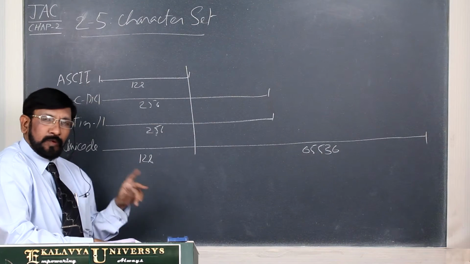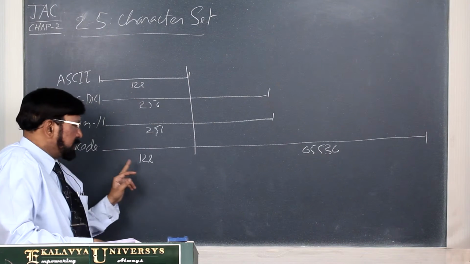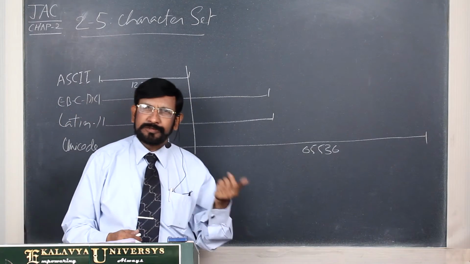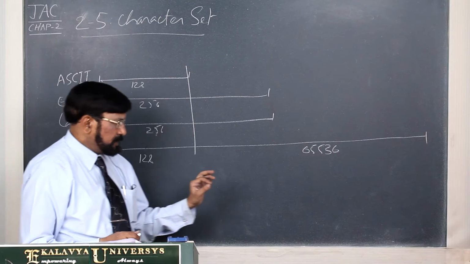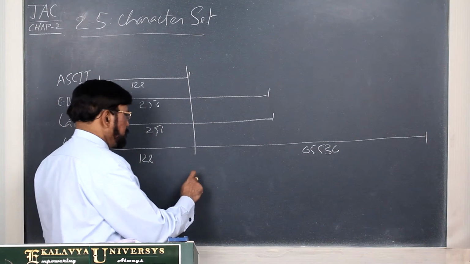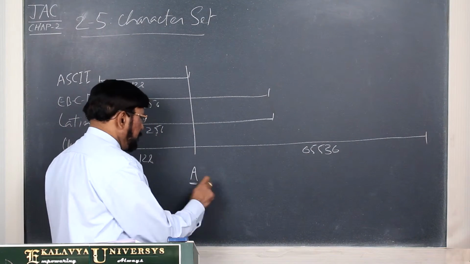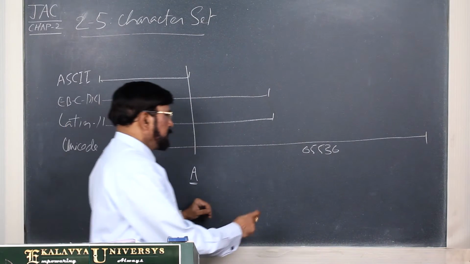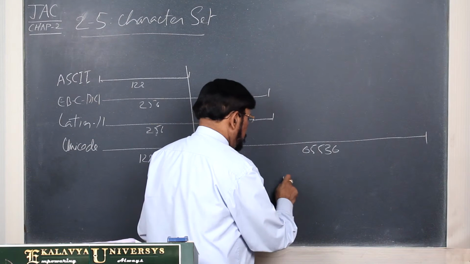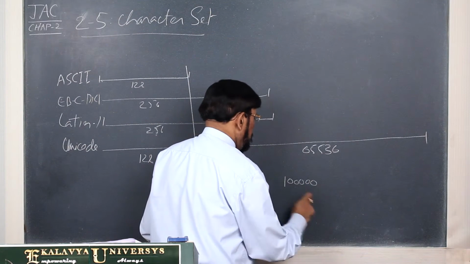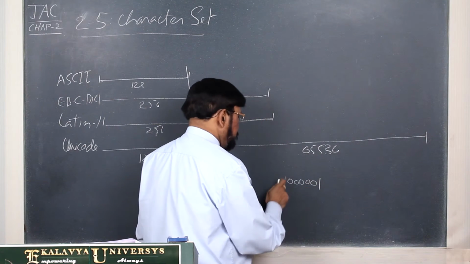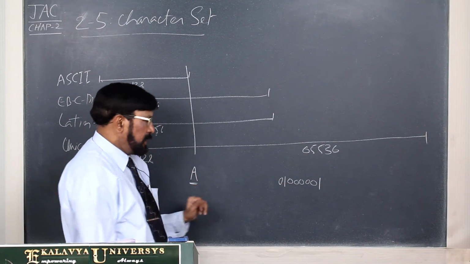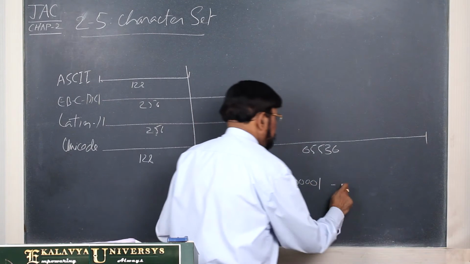But here, for a Unicode character, 2 bytes are used, those are 16 bits. Now, how are they measured? With a simple example I will explain. Suppose A. According to ASCII, it is like this: 1, 5 zeros, 1, 7 bits, and this is for padding. Okay, 1 byte. And this is ASCII.